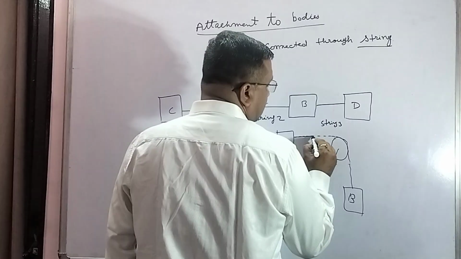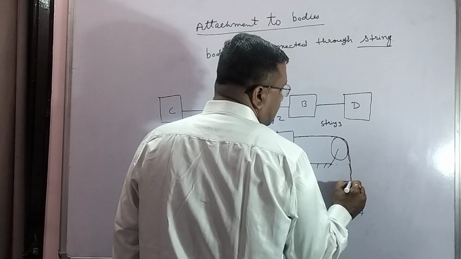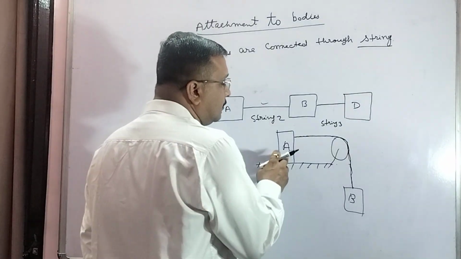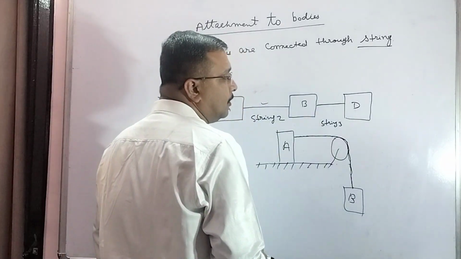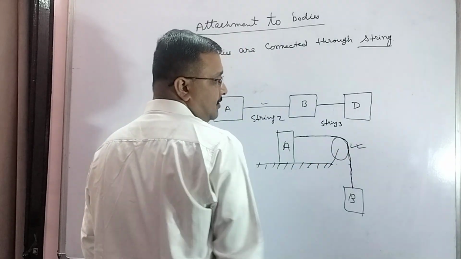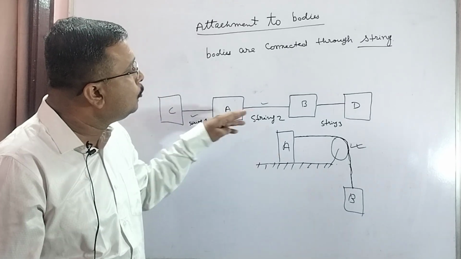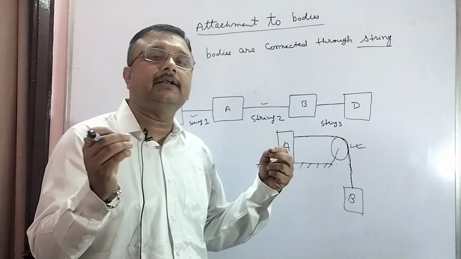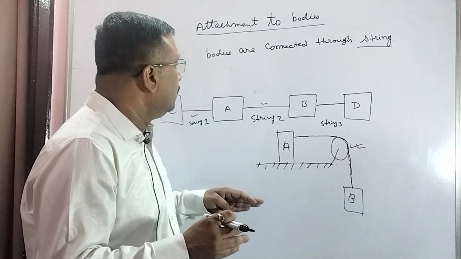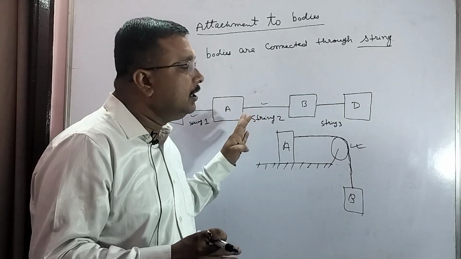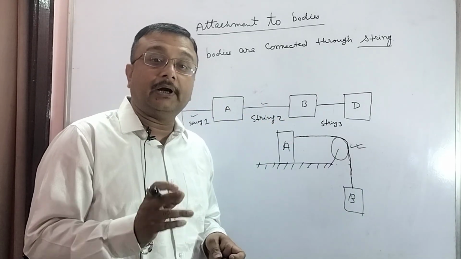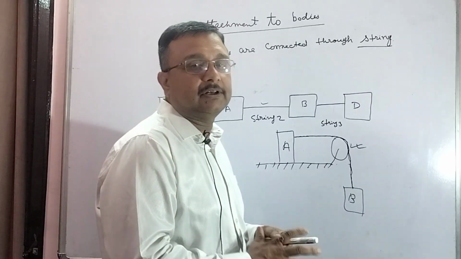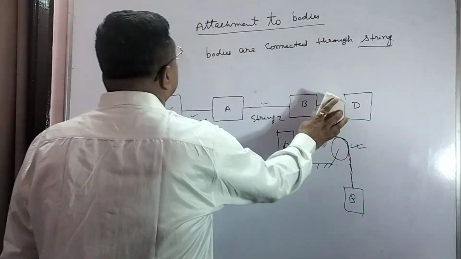But if we see, this is the same string, a single string is able to connect A and B both. There is no change in the string. So in this way, two or more than two bodies can be attached to each other. For the connection, the two bodies are not directly in physical contact, but still they are connected to each other. So let us see what happens in this case and what we shall consider.